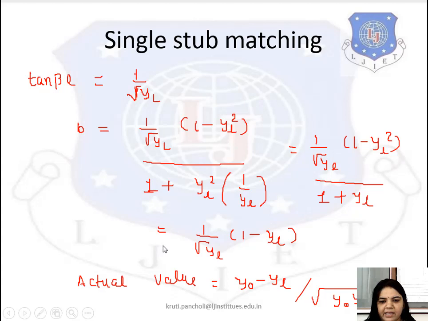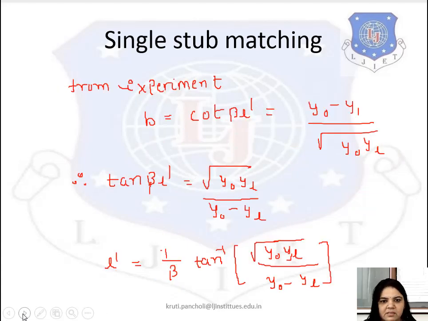Therefore the actual value, instead of 1 I am putting Y0. So B = (Y0 - YL)/√(Y0 YL). Now, as we know from the experiment, it has been proved that the susceptance B is equal to cot βL'.